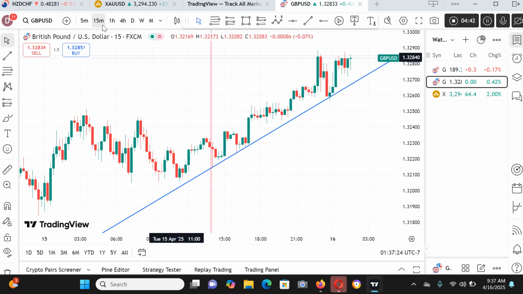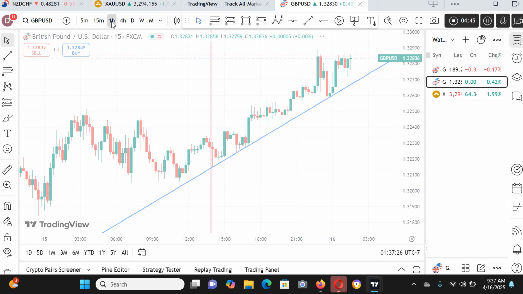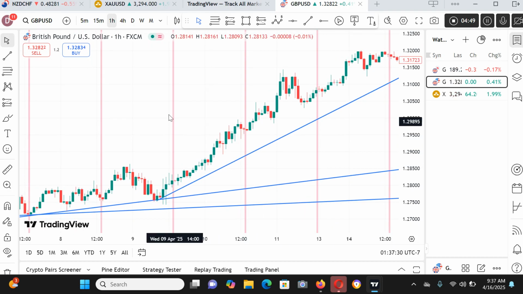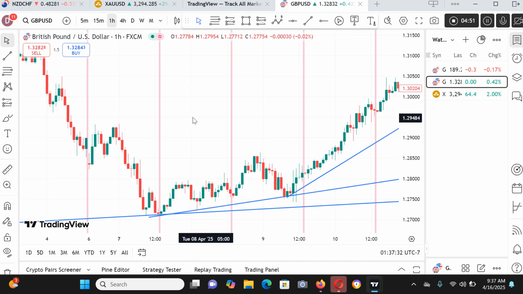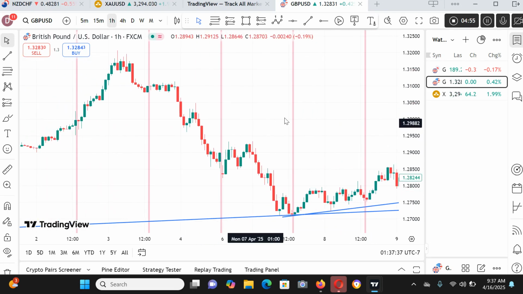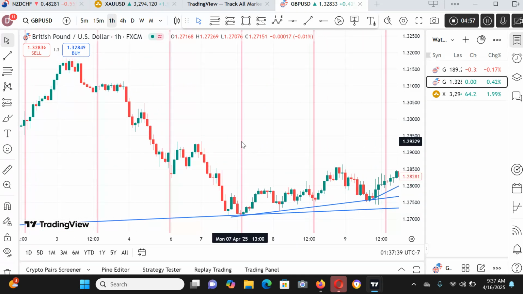Let's go back to the 1 hour time frame to draw the counter trend line I was talking about at the start today. Our aim is to continue with trend line drawing, and then we added the counter trend line for simple entry.